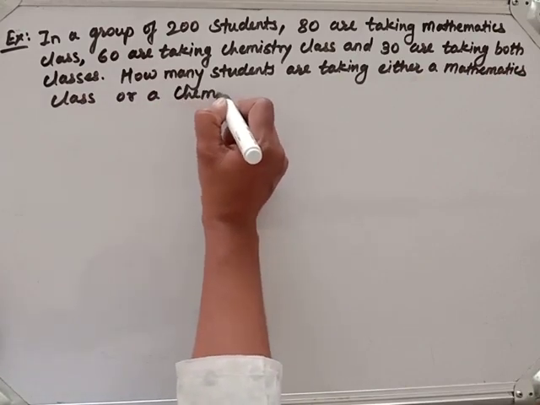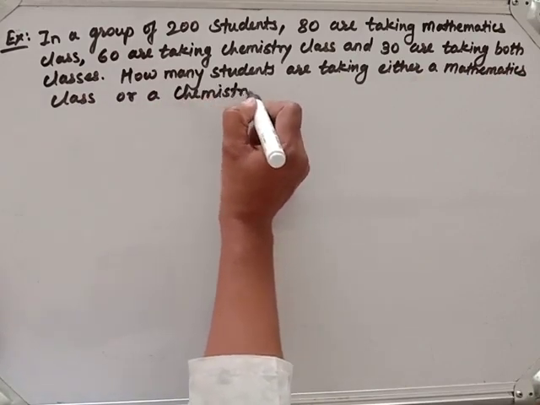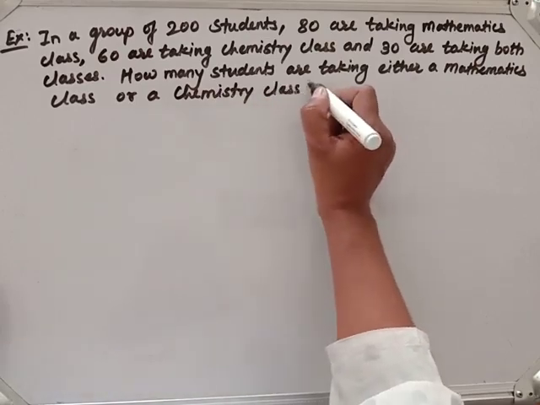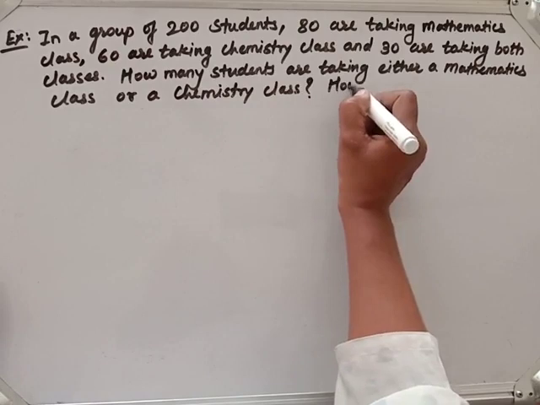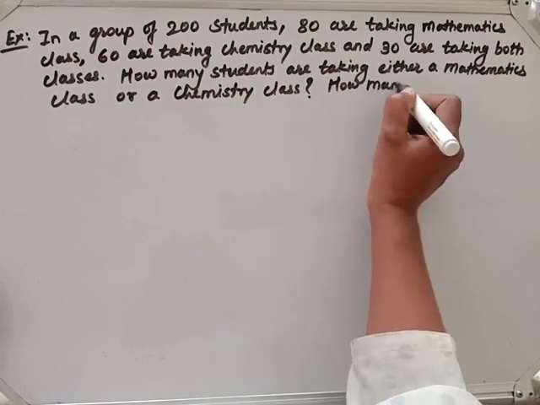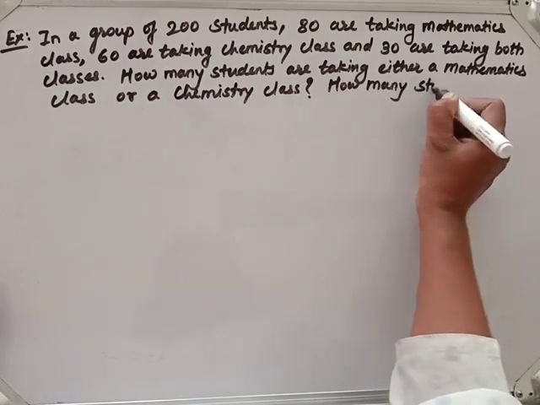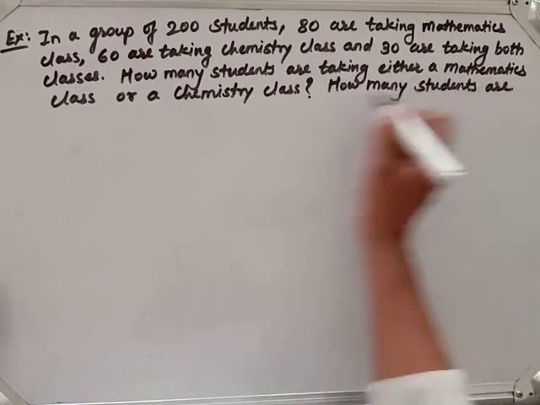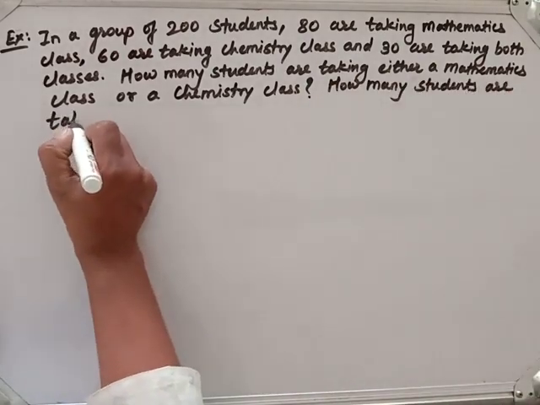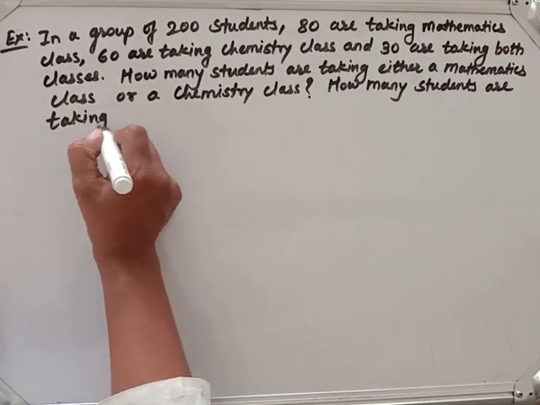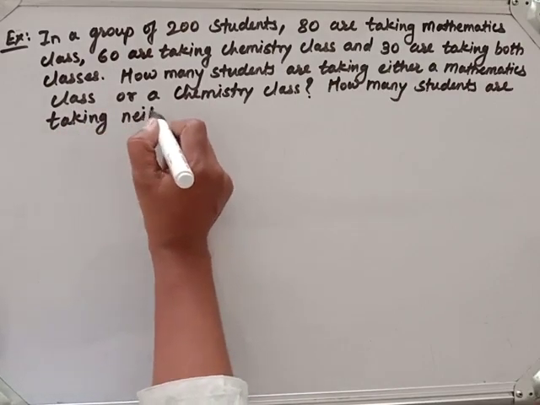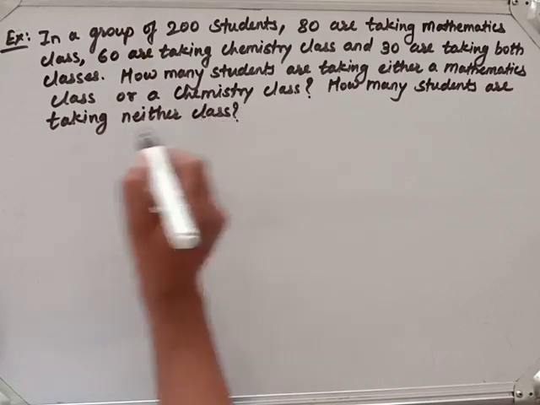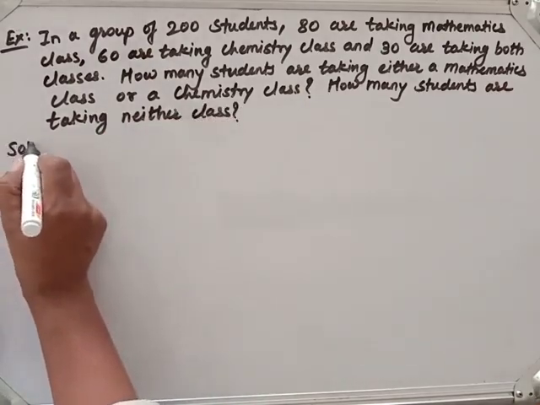Or means union, so we have to find the union. And how many students are taking neither class? This is the question. So, solution for this.